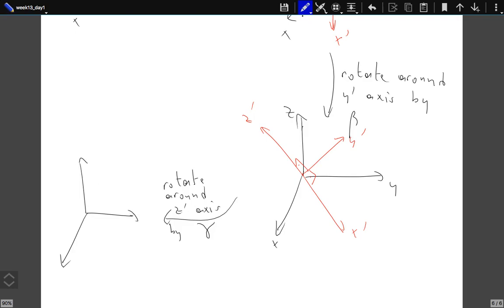So I'm rotating around the Z prime. So Z prime stays where it is, but X prime and Y prime are now lifted from the XY plane. So this is X prime, this is Y prime. That is still the line along which the original XY plane and the rotated XY plane intersect.